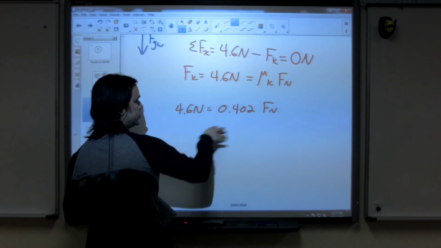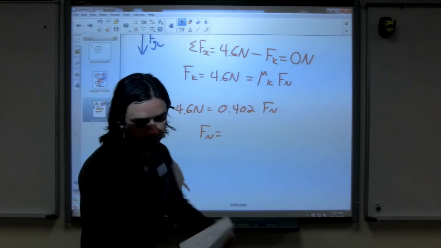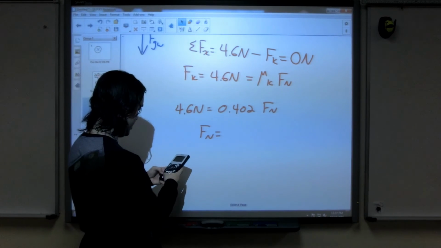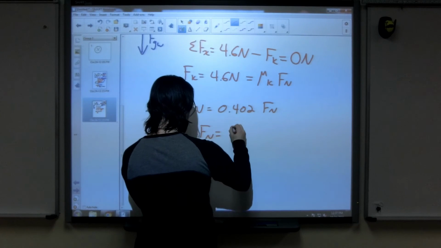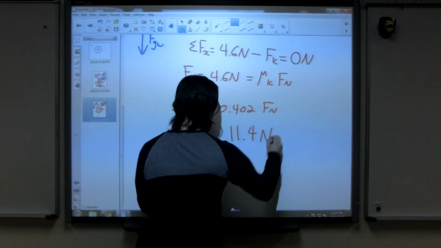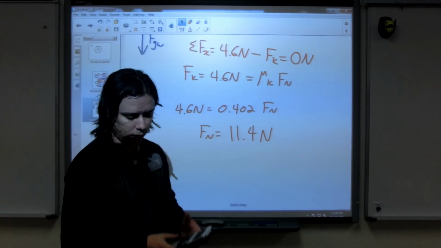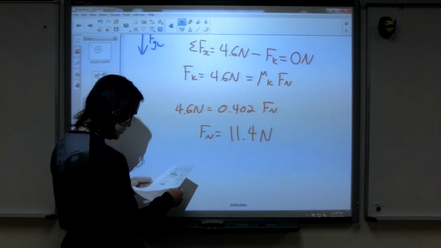I divide both sides by 0.402. I'm going to get that my normal force is equal to 4.6 divided by 0.402, 11.4 newtons. 11.443 if you want a little bit more, but 11.4 should be fine.